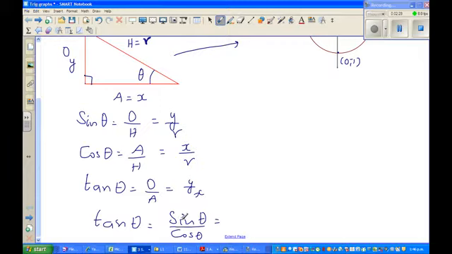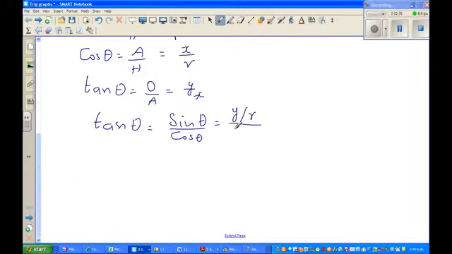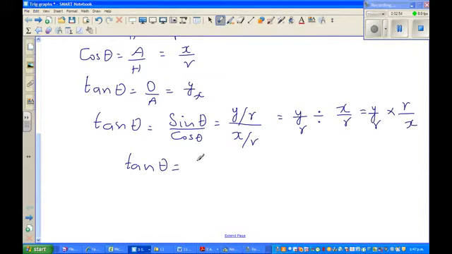Tan theta is y over r divided by x over r, which is y over r times r over x, which is nothing but y over x. So this is a new formula which can be useful: tan is sine over cos.